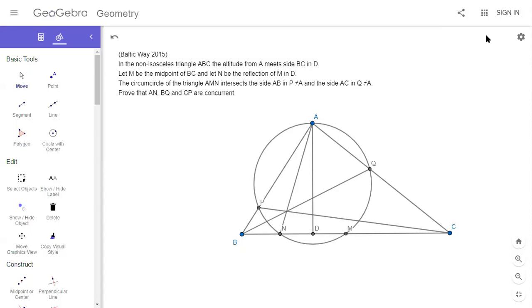So let me try this. So AMN is isosceles, right? So angle APM is equal to angle AQN.